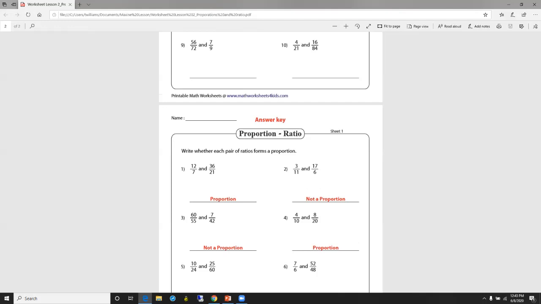Number 5. We got 24 and we got 60. Are there any numbers that you can find that would cover 24 and 60, or 10 and 25? So what is it? I'm waiting on you.